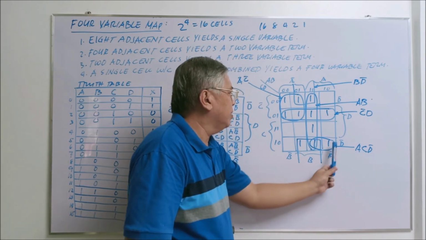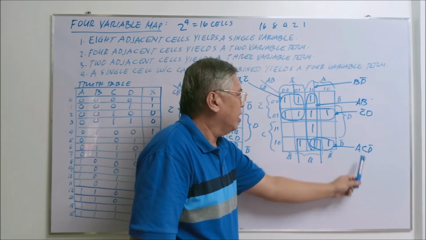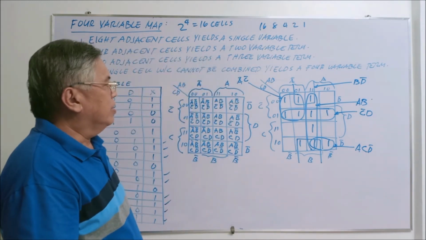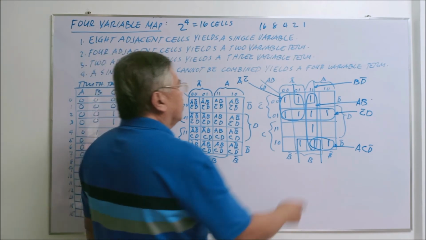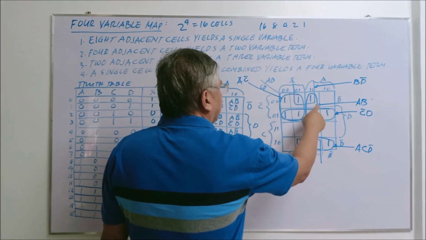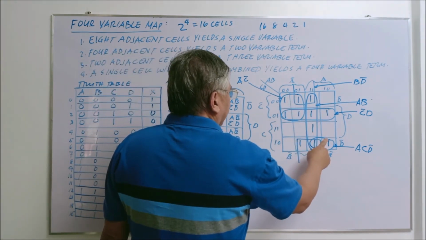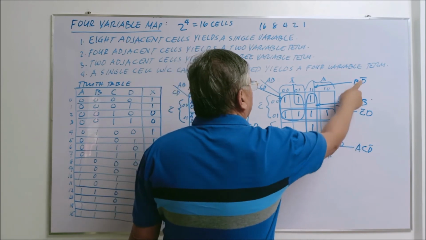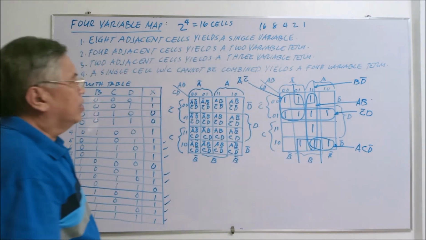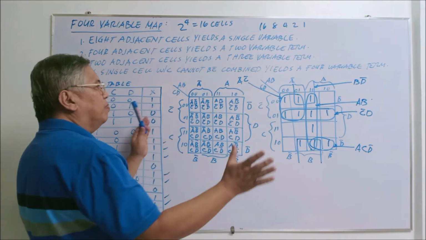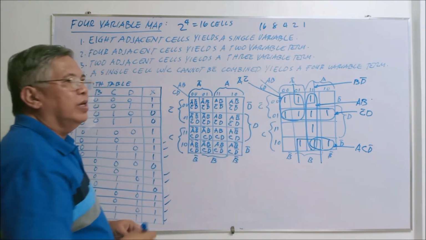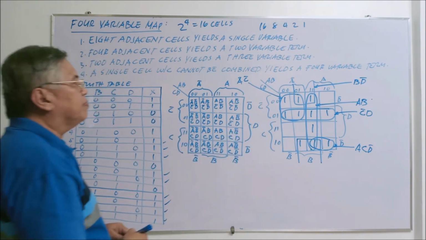The intersection of this particular cell is A, C, and D bar. So how many groups do we have? 1, 2, 3, 4, 5. So you have 5 equations. Then we put them together using the sum of product expression.